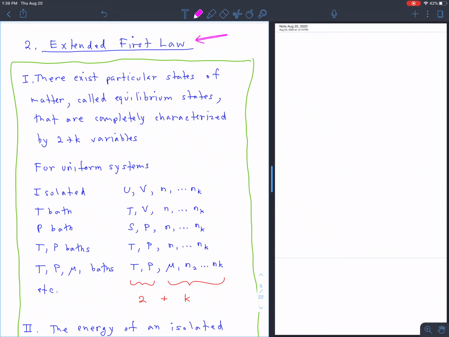So it says, there exist particular states of matter called equilibrium states, that's important, that are completely characterized, that phrase is also important, by 2 plus k variables. What does that mean?